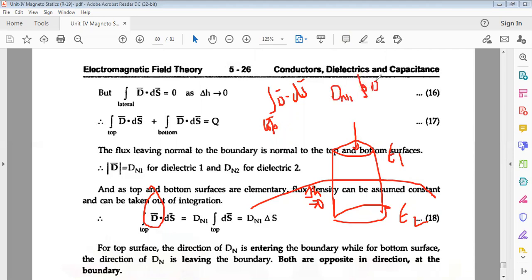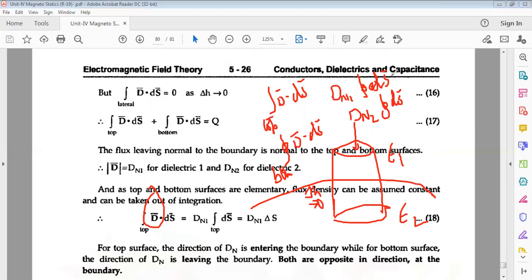And at the bottom, the integral of D bar dot dS bar, because it is in the dielectric 2, is Dn2 times the integral of dS bar. Add the two and it is equal to Q.